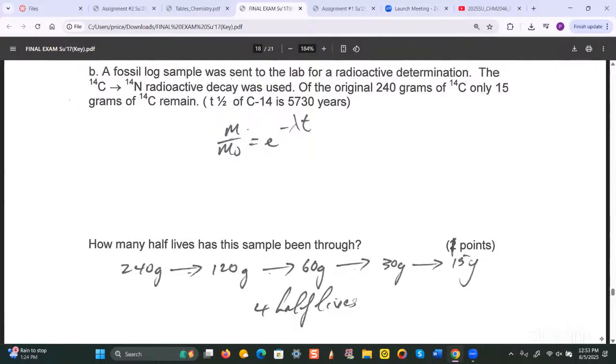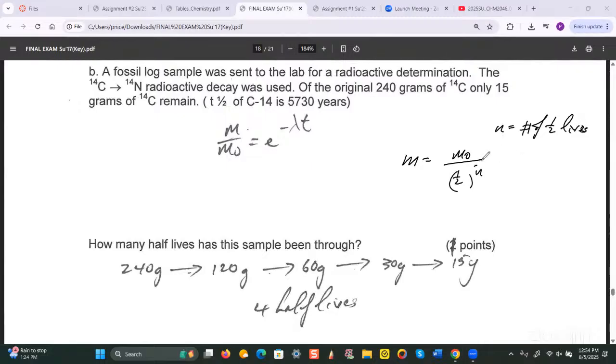There's a formula which I don't remember covering in class, but there's a formula which is M is equal to M0 times one half raised to N, where N is equal to the number of half-lives. Right?